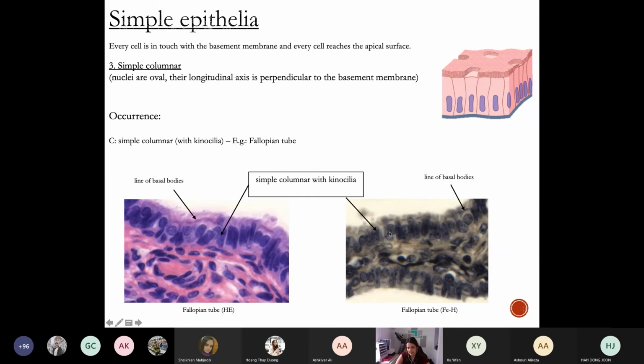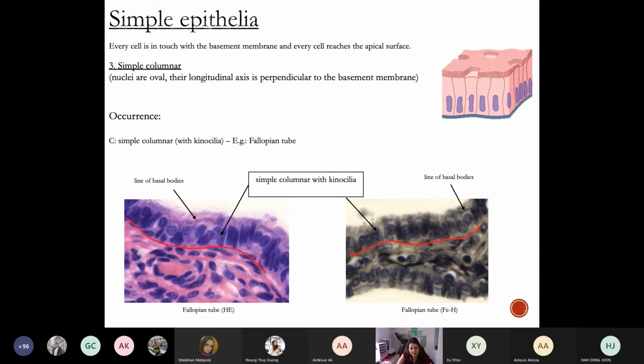Okay, and it's a little bit harder to tell where the real borders of the cells are, but somewhere here would be the basement membrane. Of course, where you can see this white space, that would be the apical surface, that would be the lumen. On the left side, this would be the same. Actually, this is the same tissue with different stainings, with hematoxylin eosin and then iron hematoxylin.